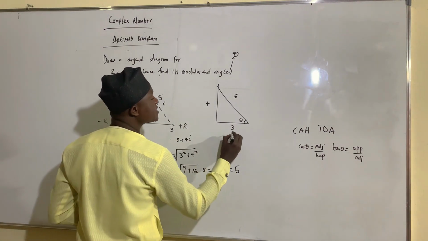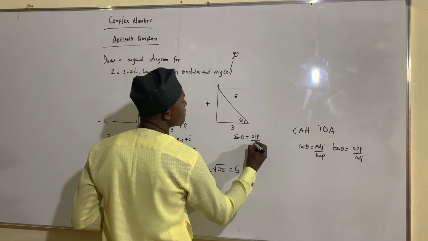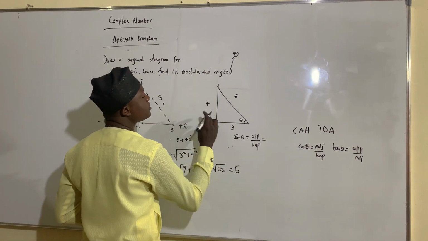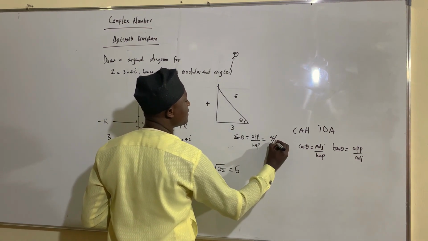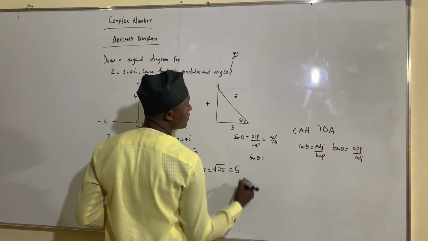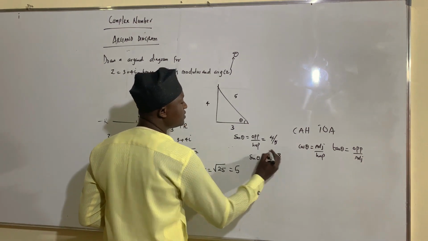Recall, if I want to use sine, sine is opposite over hypotenuse. Our opposite here is 4 and our hypotenuse is 5, right? So sine theta is equal to 4 over 5. If you divide 4 by 5, you get 0.8.